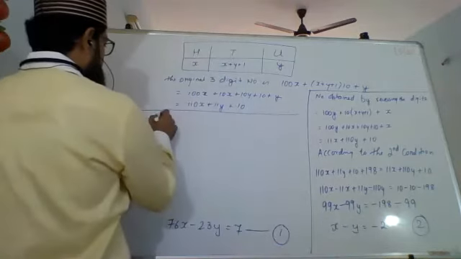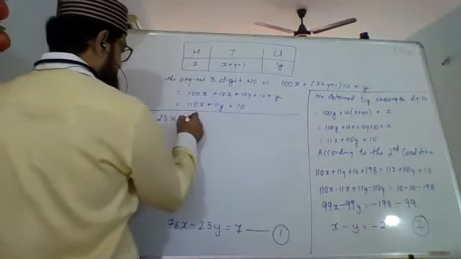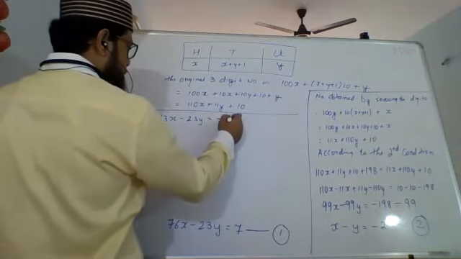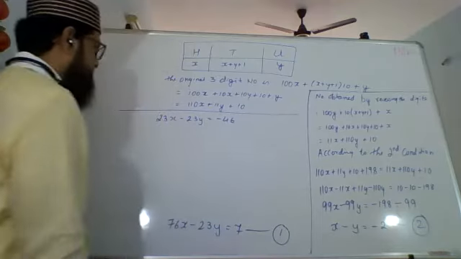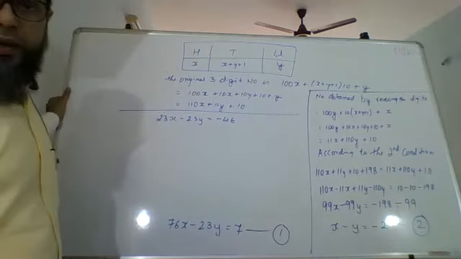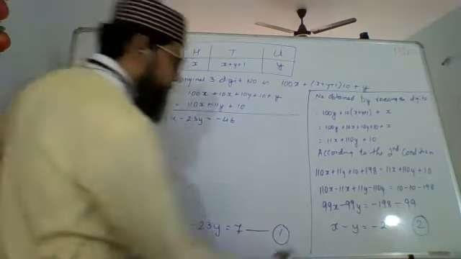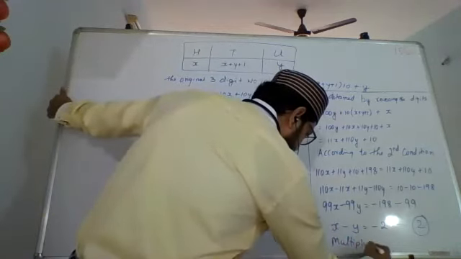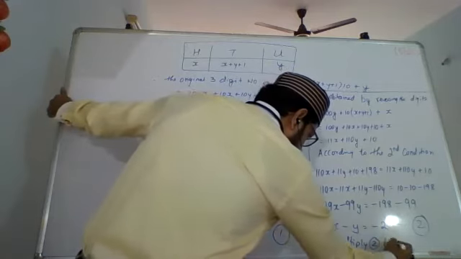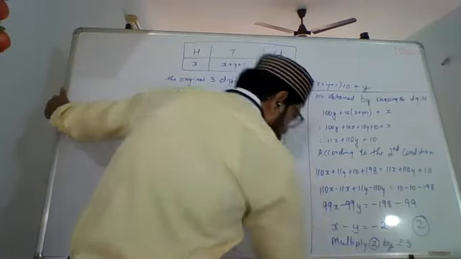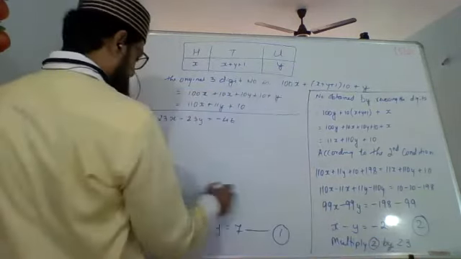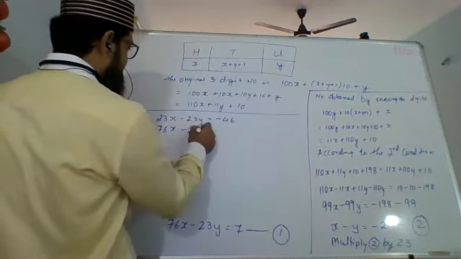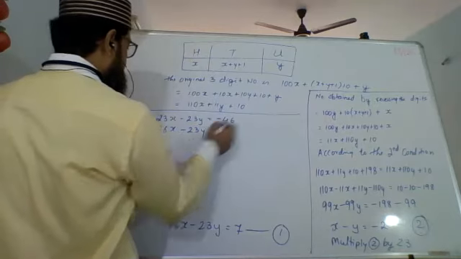So I'll have 23x minus 23y equals minus 46, multiplying 2 by 23. And here I have 76x minus 23y equals 7.